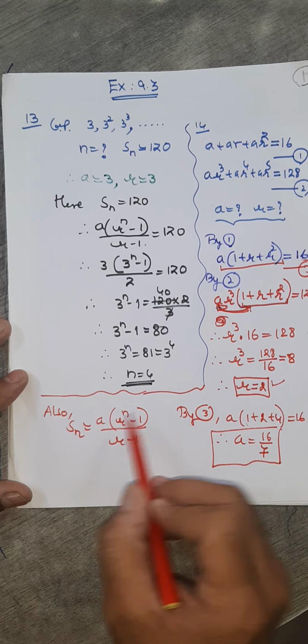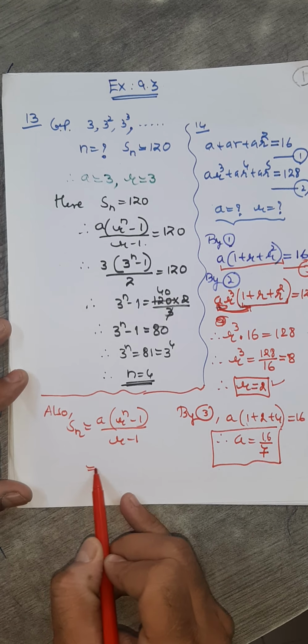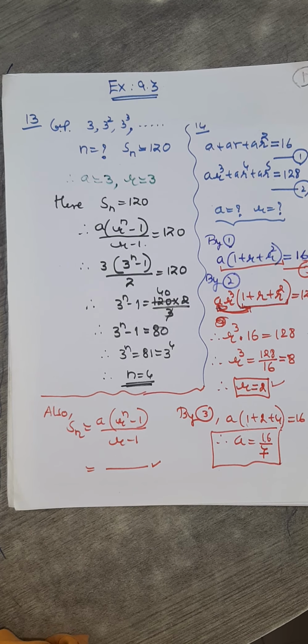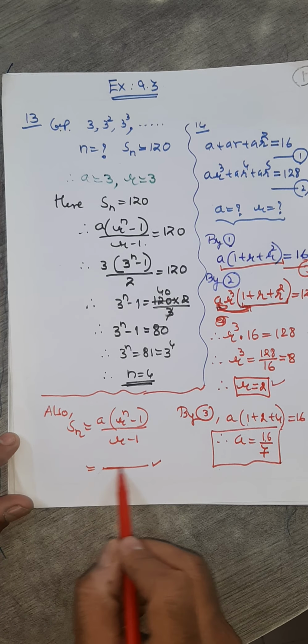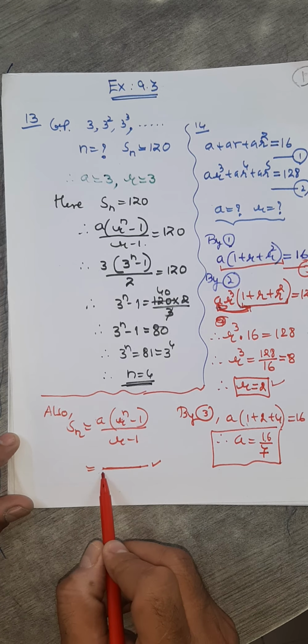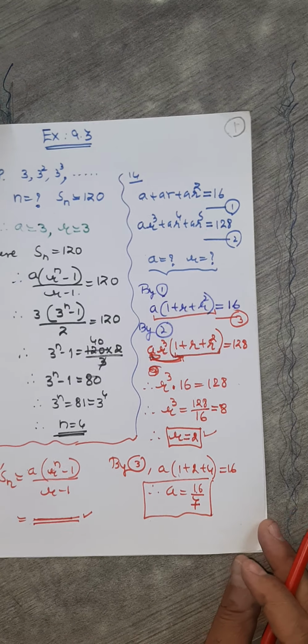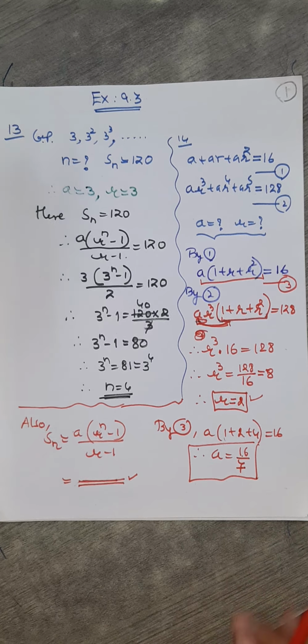Just place the value of r here, place the value of a here and simplify. Your answer will be in the form of small n, remember, because you are asked for the sum of how many terms? N terms. So just put the value of a and r and simplify as much as you can. That is nothing but the value of Sn.